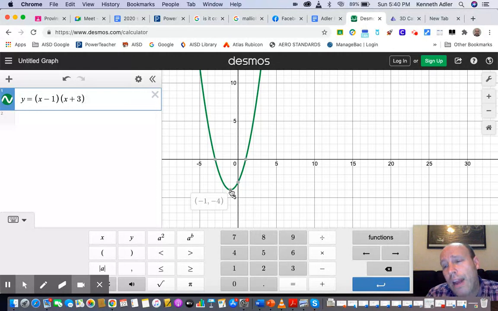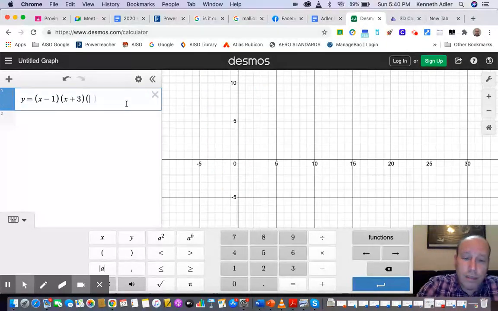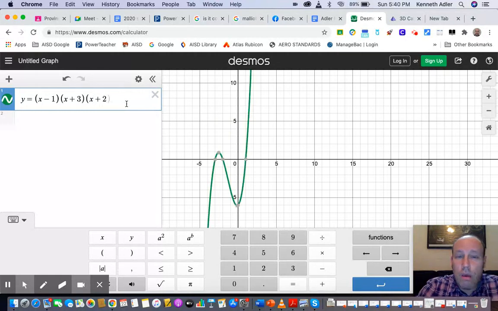And we learned how to find the minimum. But what you realize is that functions that have odd orders, like the cubic, start at negative infinity and go up to positive infinity. Like here, let's do x cubed plus 2. They start at negative infinity and go up to positive infinity.